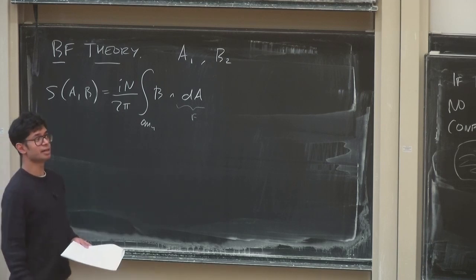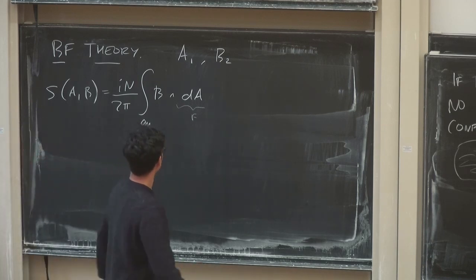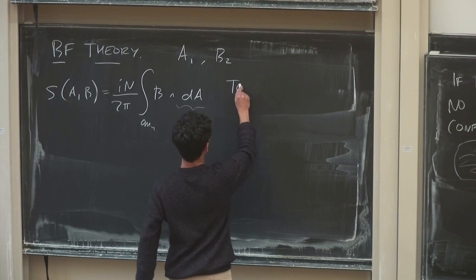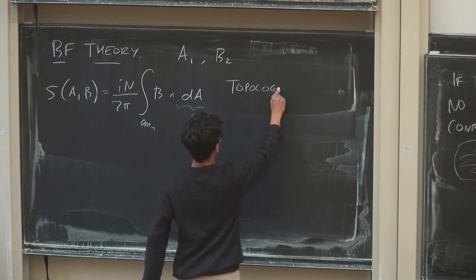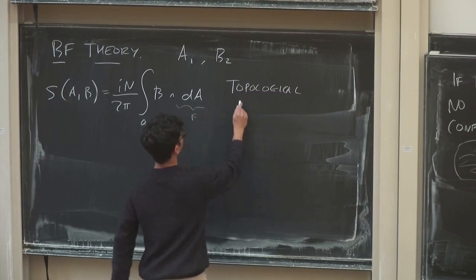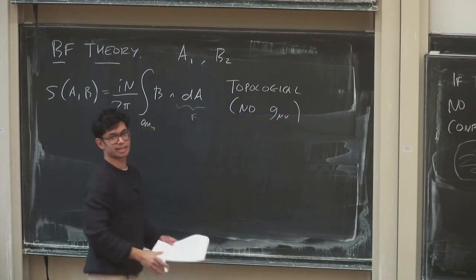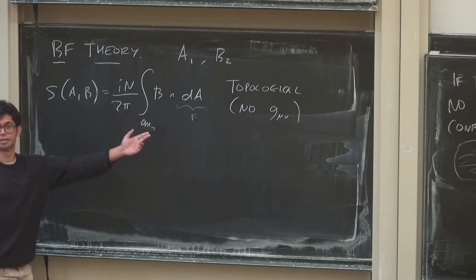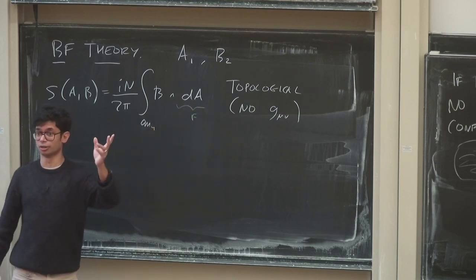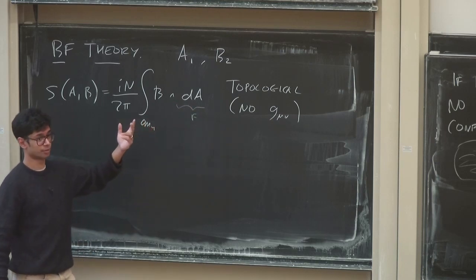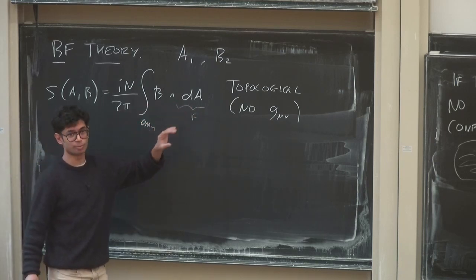Let me say a few words about this. This is a topological field theory, where the word topological means that there is no metric involved in writing down this action. It's all forms. There's no star, there's no volume form. You can write this down quite explicitly with no metric at all.